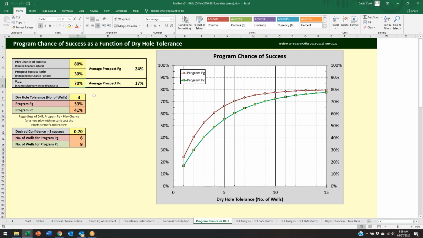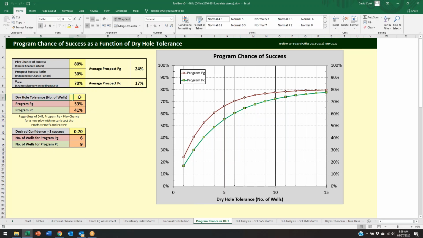Based upon those inputs, the chart to the right represents the likelihood of one or more geologic successes in red, and one or more commercial successes in green, as you increase the number of wells you are willing to drill.